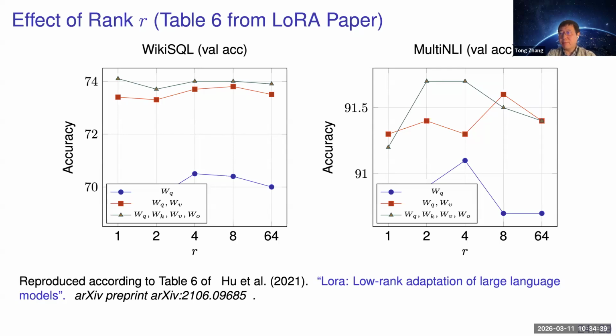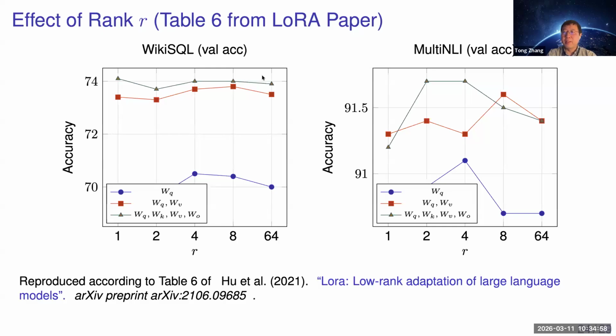This is from the original paper. In practice nowadays, you just use a smaller rank with all the layers, which is one way to do that. So this is about rank sensitivity, but it depends.